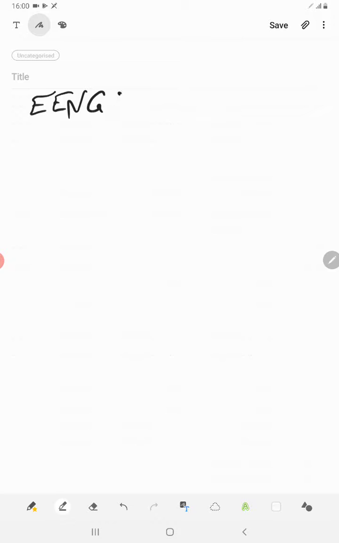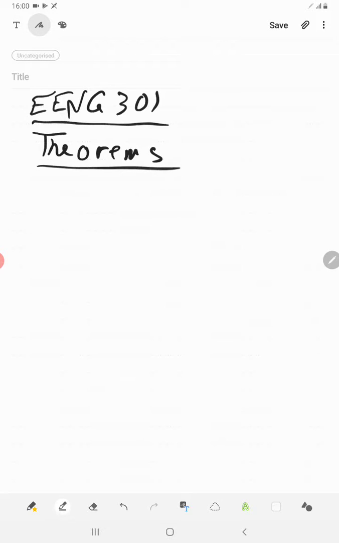EENG 301. We will start today the theorems. We have three basic theorems.